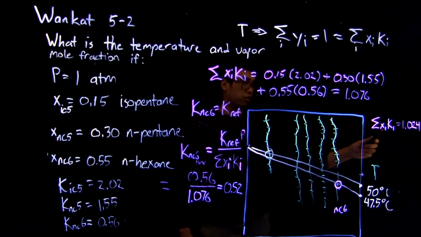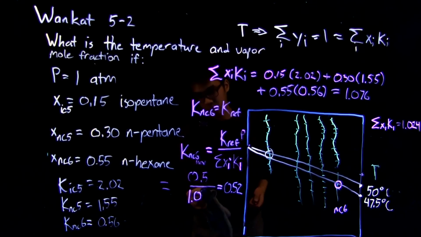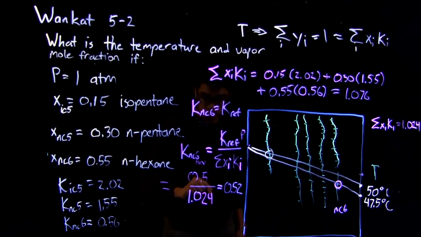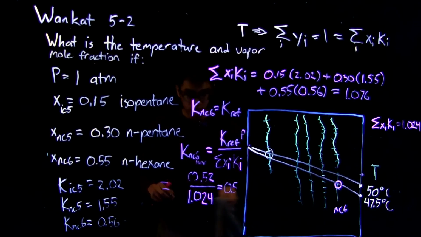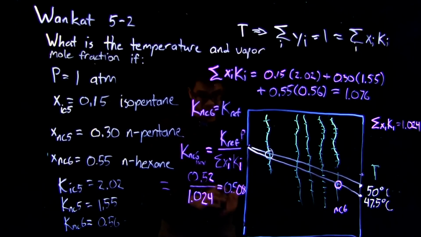Taking the new summation and repeating the iteration, we'll find that the new value of K_nC6 is going to be equal to 0.508. Sorry about that.